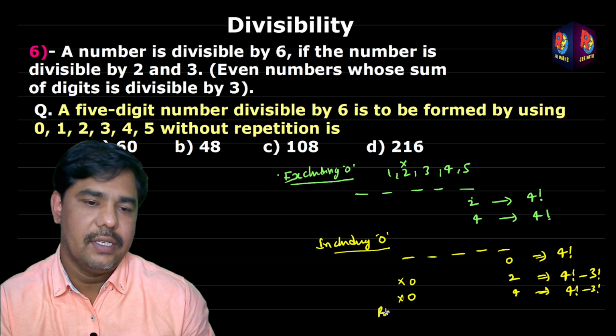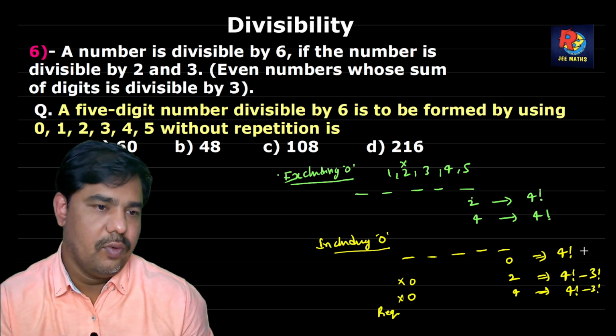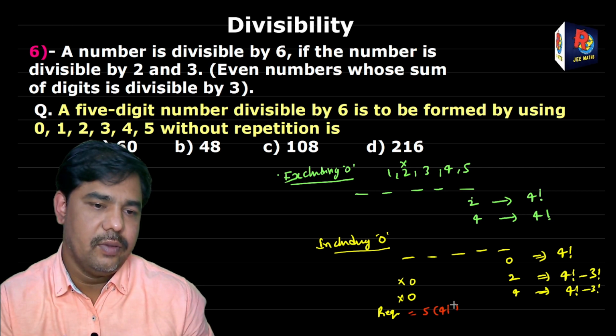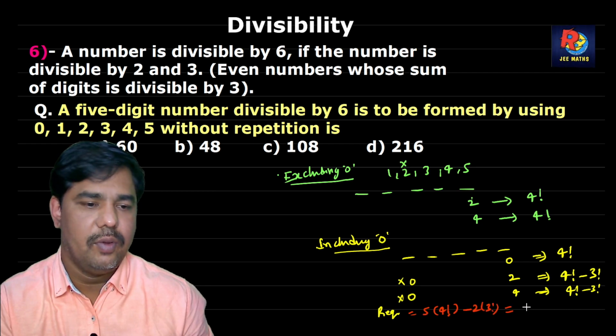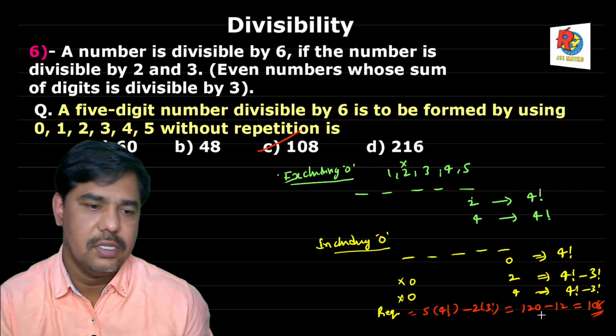So the required answer is 5 into 4 factorial minus 2 into 3 factorial. 4 factorial is 24, times 5 is 120, minus 12. That will be 108 is the answer. Option C is the correct answer.